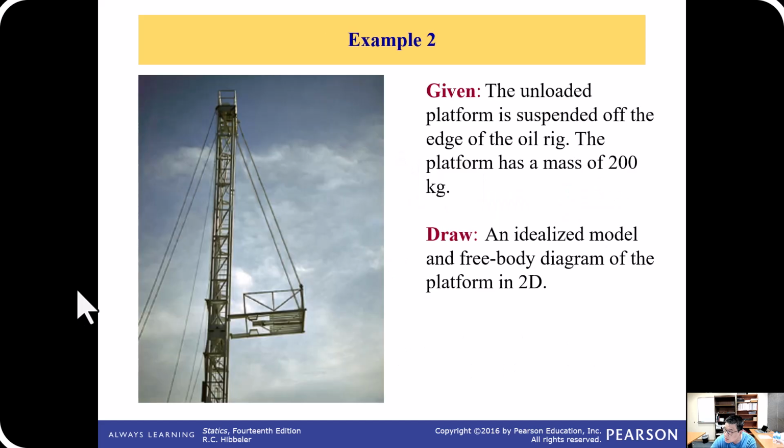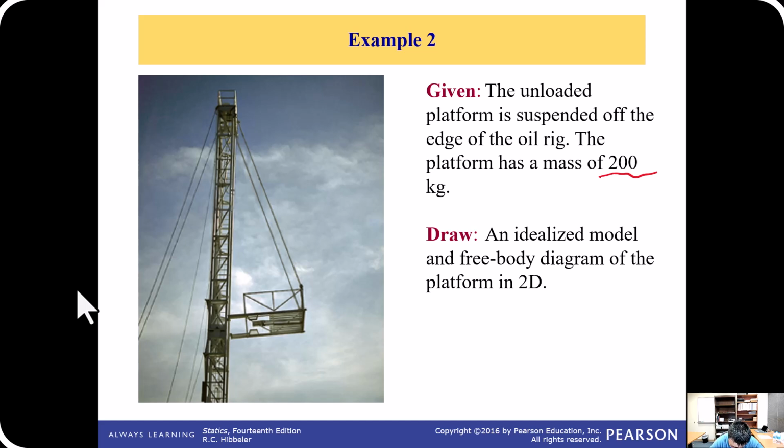And then we need to know how to draw the free body diagram from real world cases. So for example, you are given an unloaded platform which is suspended off the edge of an oil rig. The platform has a mass of 200 kilograms. So please draw an idealized model and a free body diagram of the platform in 2D.